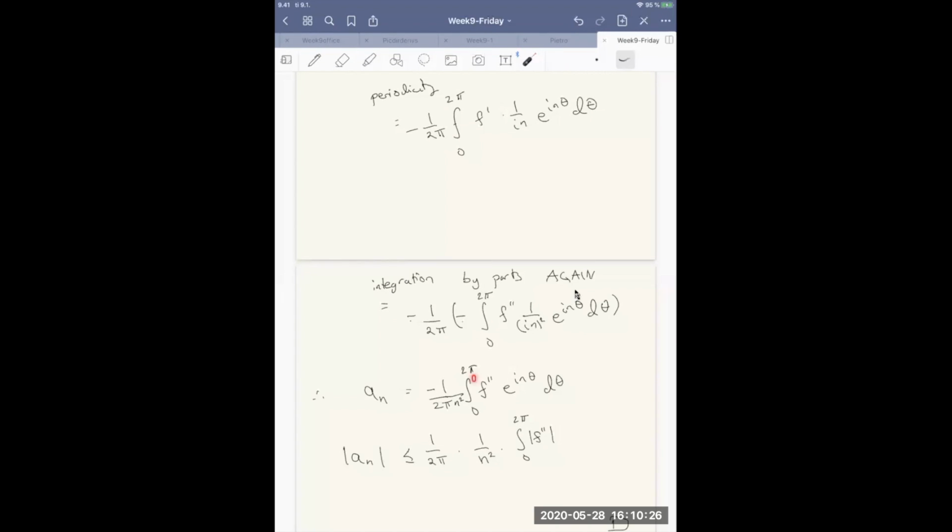We're using the fact that the absolute value of the exponential term is 1. And we're using the fact that by pulling the absolute values inside, the integral becomes bigger. So in this step, we're using the fact, also true for complex numbers, that the absolute value of the integral is less than or equal to the integral of the absolute value.